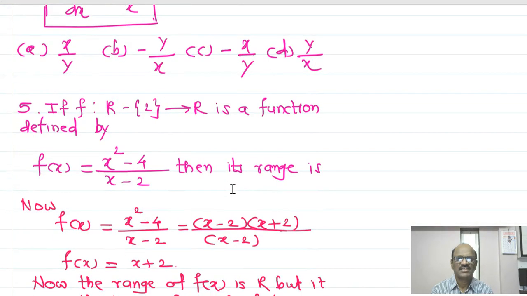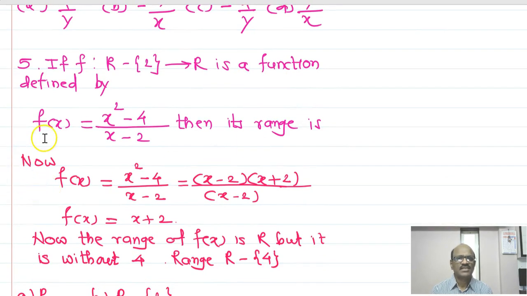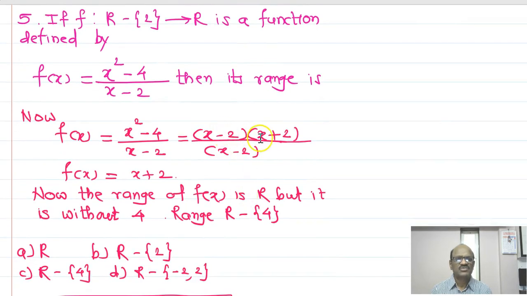Now next, if the function from R minus 2 to R is a function defined by f of x is equal to x square minus 4 upon x minus 2, then the range is, now see this. The function is f of x is equal to x square minus 4 upon x minus 2, and it can be written as x minus 2 into x plus 2 upon x minus 2.